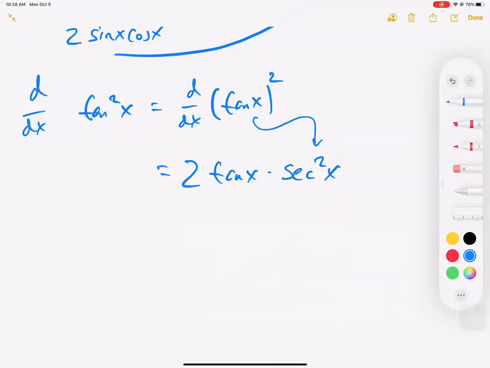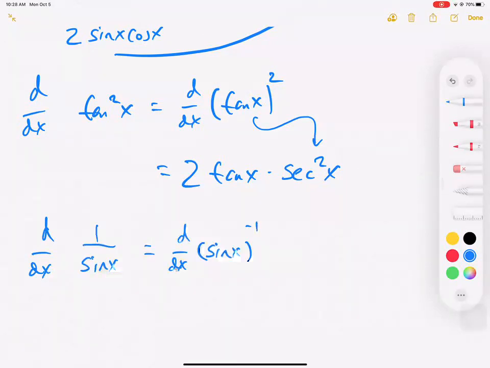Okay, let's do one more. Derivative dx of 1 over sine of x now. Okay, let's see what happens here. You can rewrite this as sine of x to the negative 1.